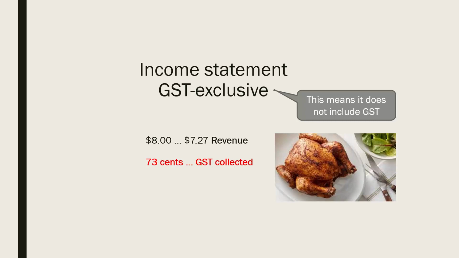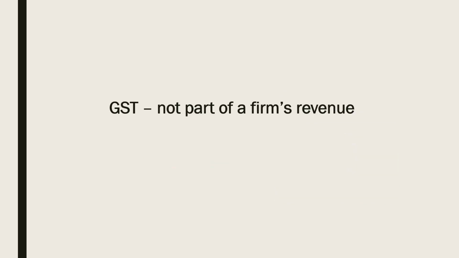This amount is kept in a separate account, GST collected. Revenue accounts are usually shown exclusive of GST because the GST a firm collects from its customers is not its own revenue. Rather, it is money the firm collects for the government.